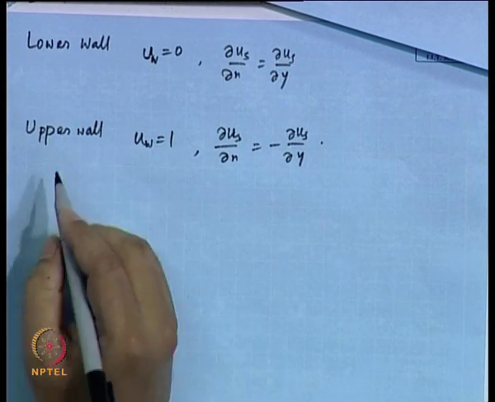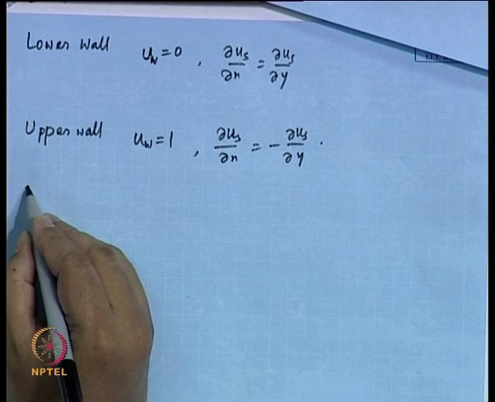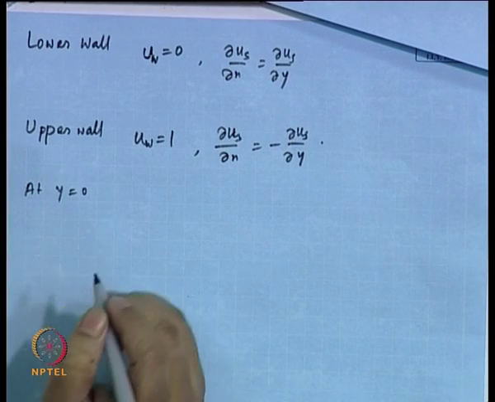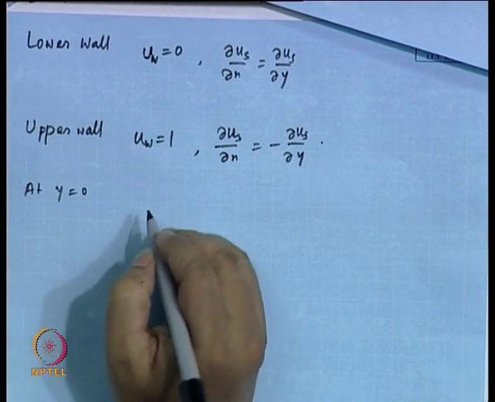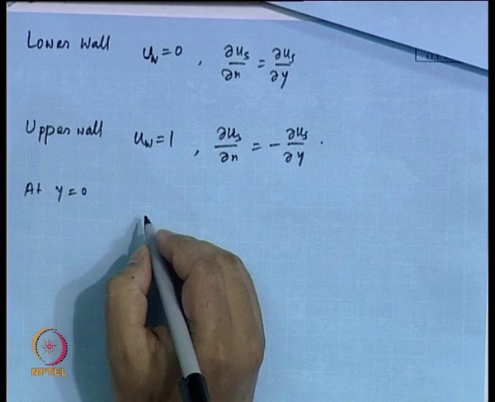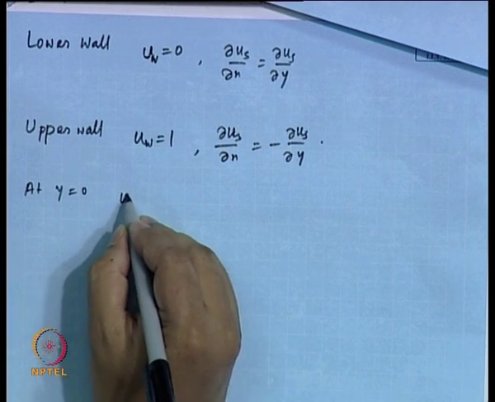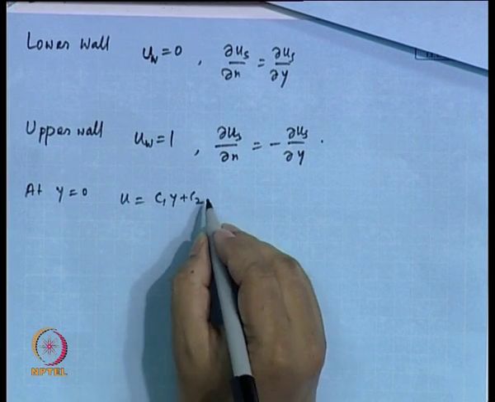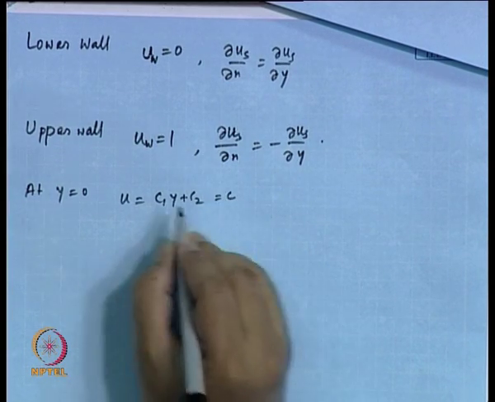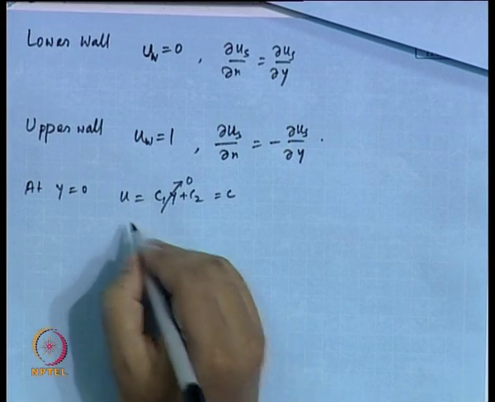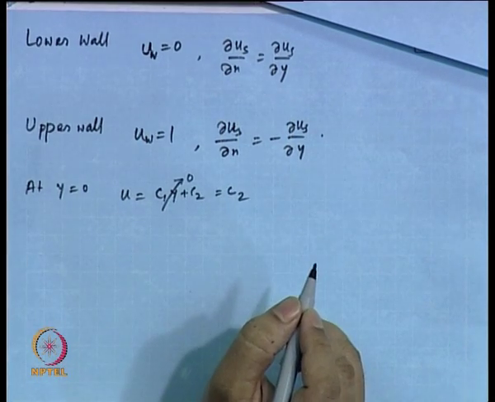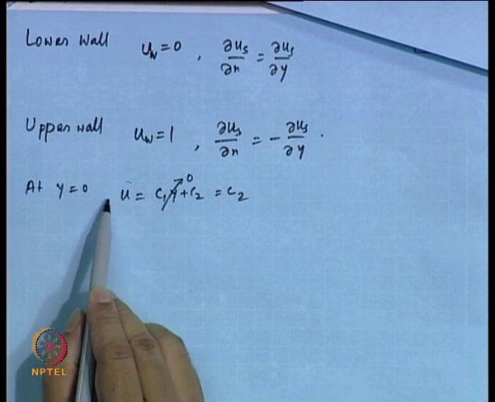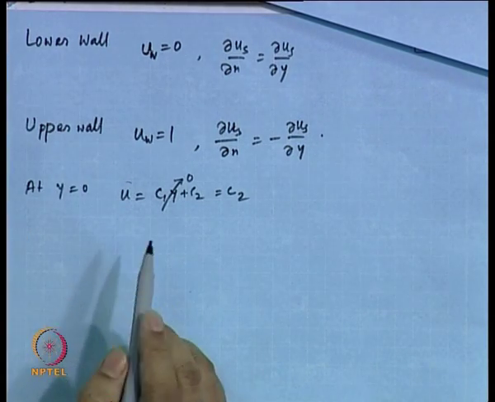Now, if you write that at y equal to 0, u should be equal to, you had C1 y plus C2, that is nothing but C2, right, as y goes to 0. And what is now the u as per the slip boundary condition?